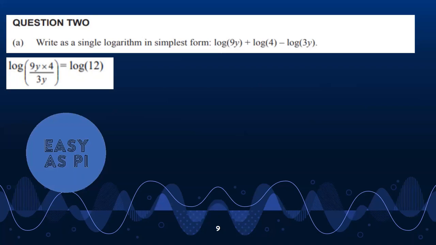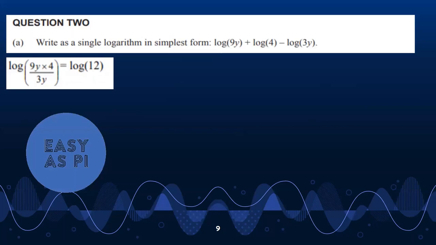And then with some simplification, 36y divided by 3y, we get 12. So this answers the question. We get log 12, and that's just the easy achieve point. But obviously, you're going to have to get comfortable with these rules and know which ones apply where.